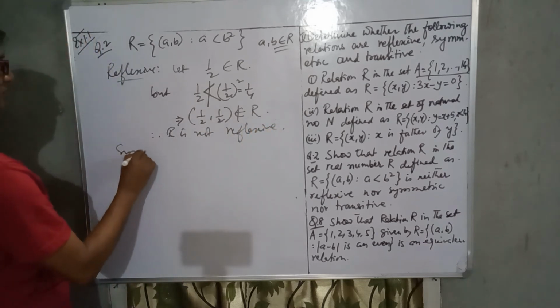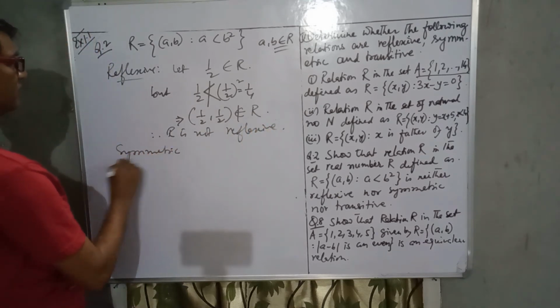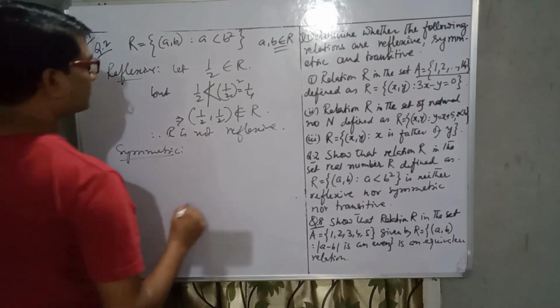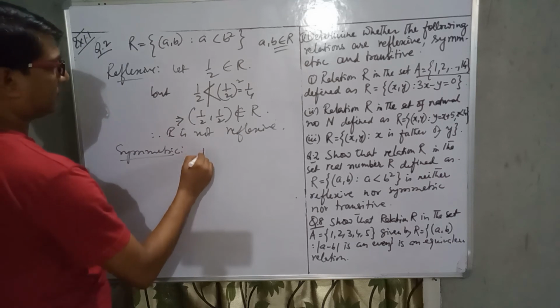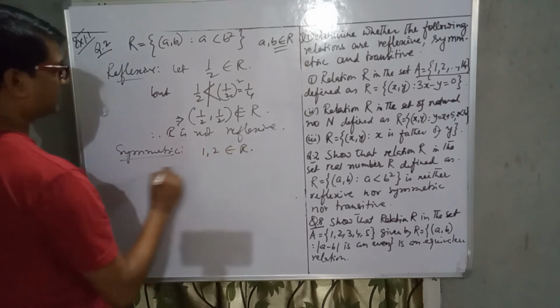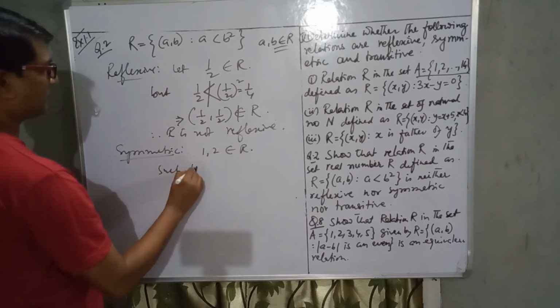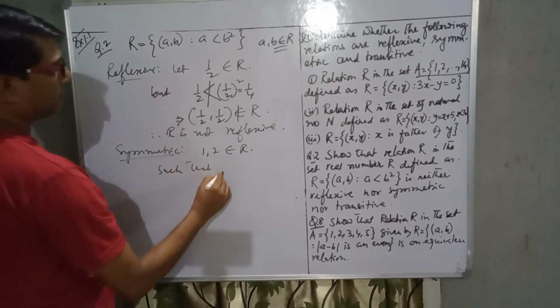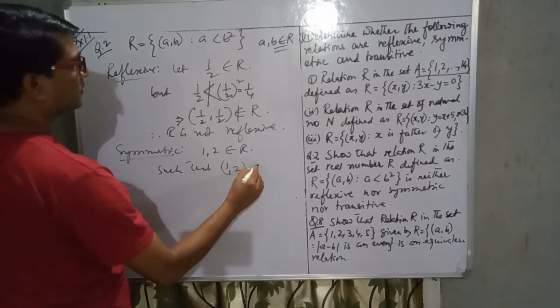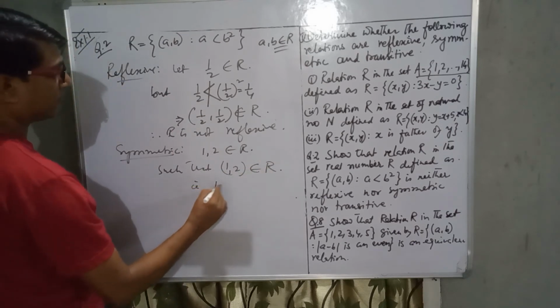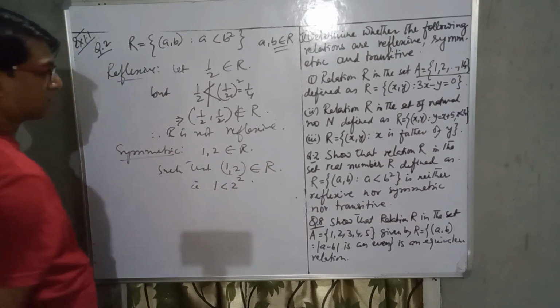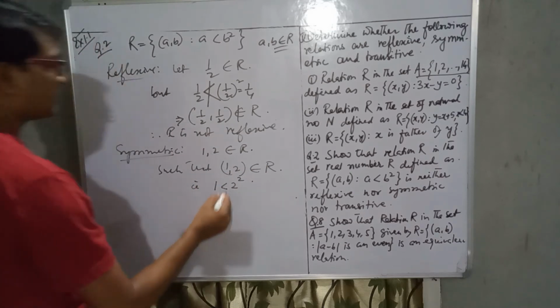Symmetric: you can check any two elements. If we take 1 comma 2 belongs to R, that means 1 is less than 2 square. It is true.